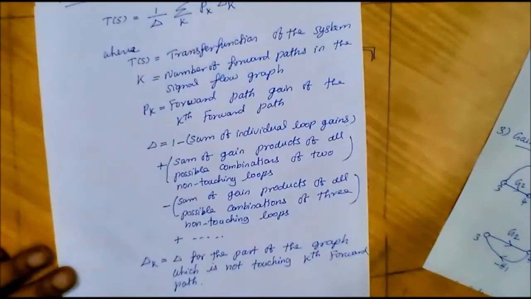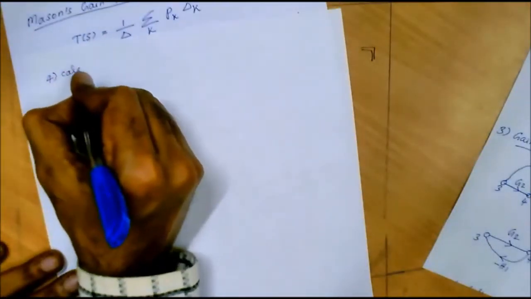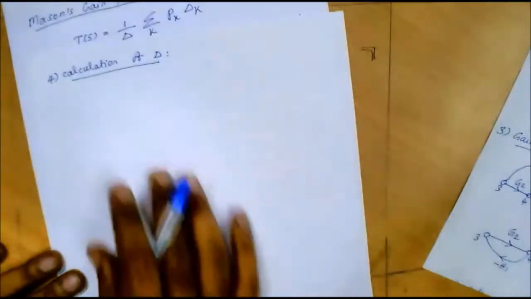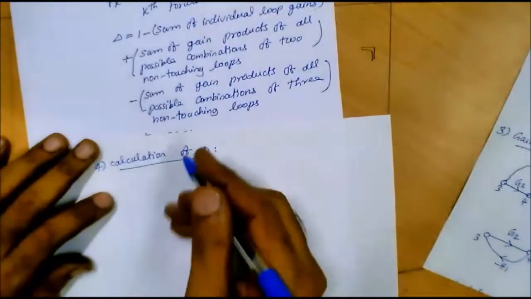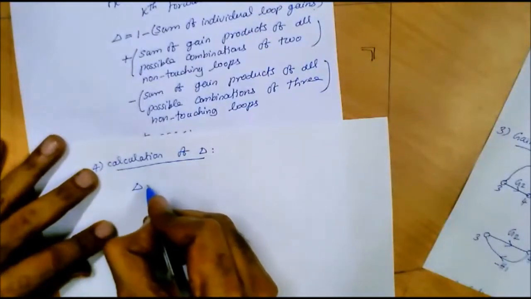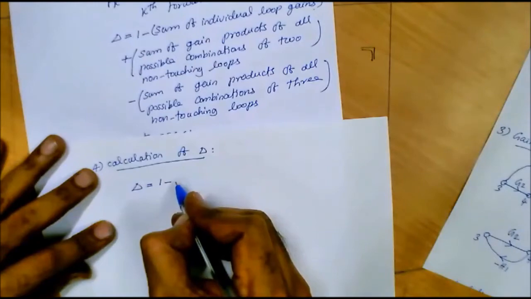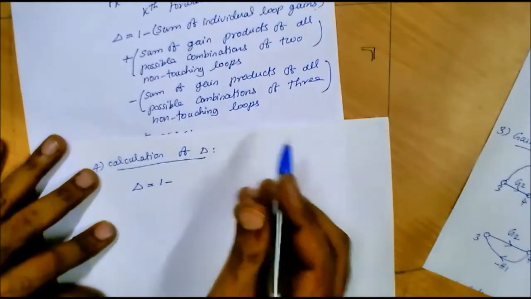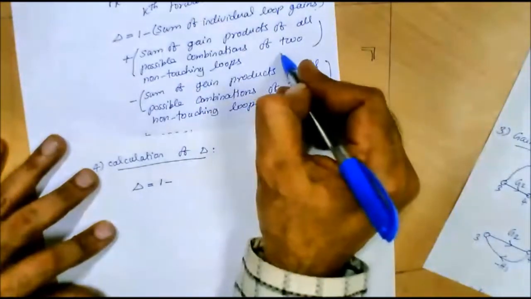Next we have to calculate the value of delta. Based on this formula, delta is equal to 1 minus sum of all possible combinations of the individual loop gains, and then two non-touching loops.